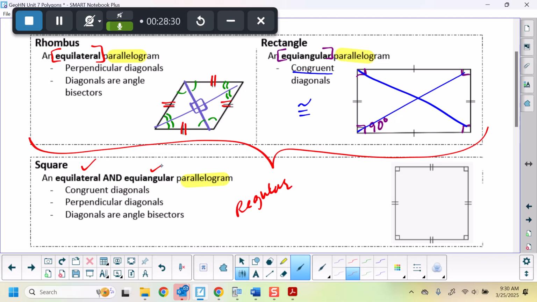Opposite congruent sides, opposite congruent angles, consecutive angles are supplementary, bisecting diagonals. But both of the conversations about the diagonals from the rhombus and rectangle also apply. Those diagonals are perpendicular. Those diagonals are angle bisectors. Those diagonals are congruent.